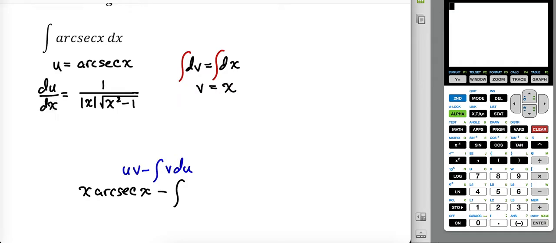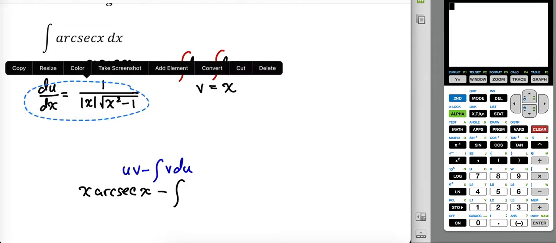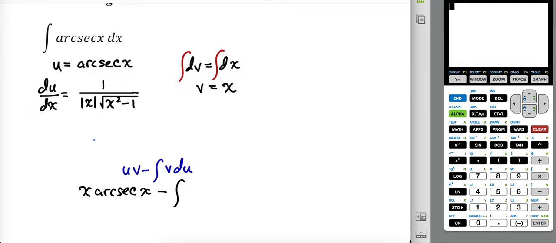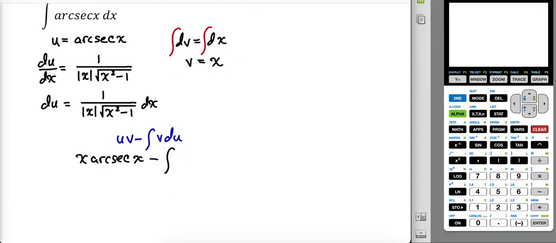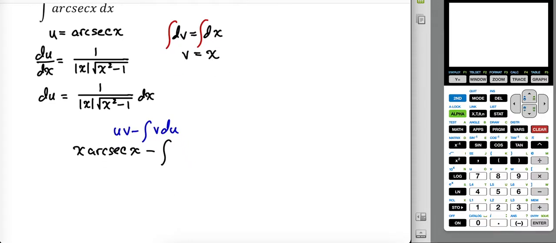Oh, you know what? I said I was going to write the intermediate step, so I'll stand by that. I'll throw this in a new step. And so v du is going to be x over, well, really all this other stuff.